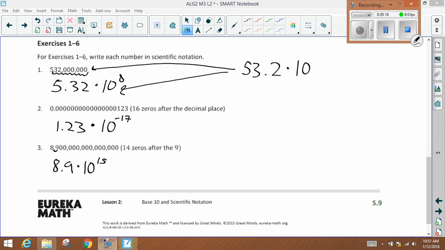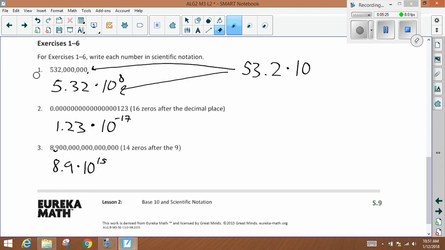Okay, so how could we make this equivalent? Let's think about it. When we counted, so let's do it. Let's put it here and go 1, 2, 3, 4, 5, 6, 7. Okay, so that would be times 10 to the 7.